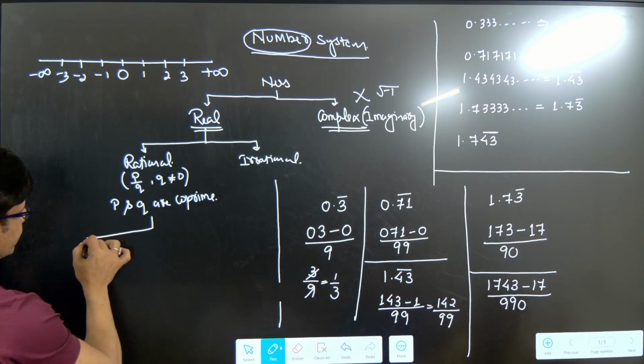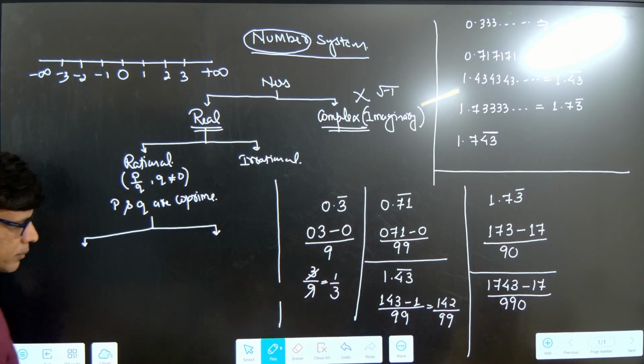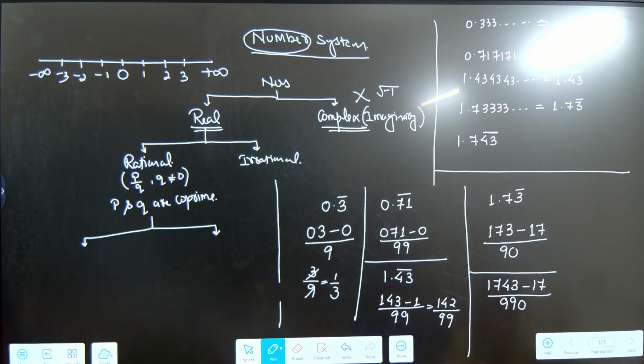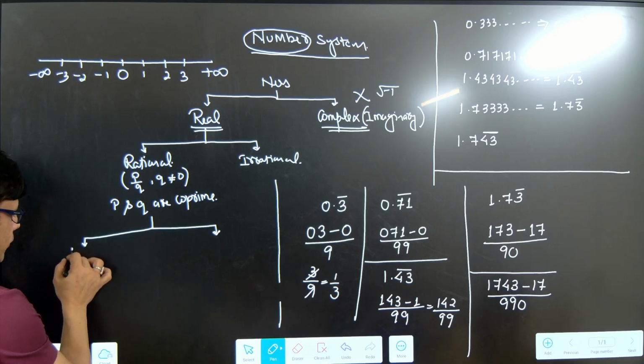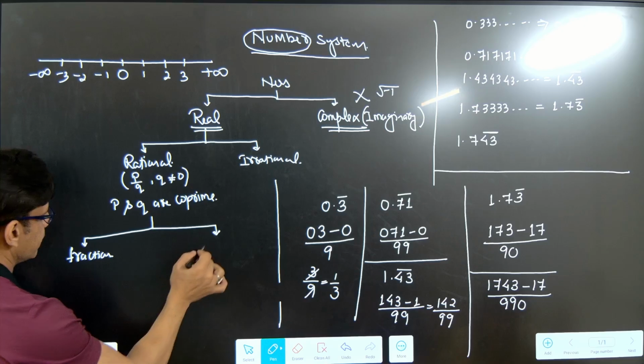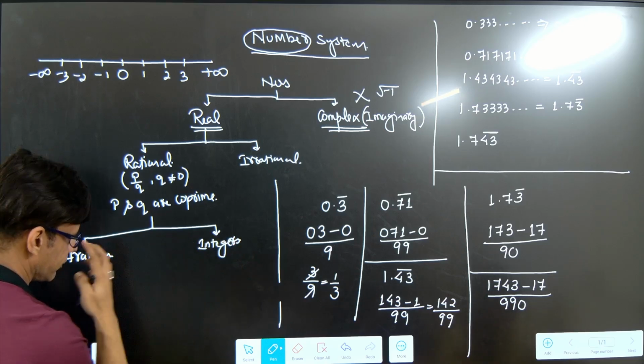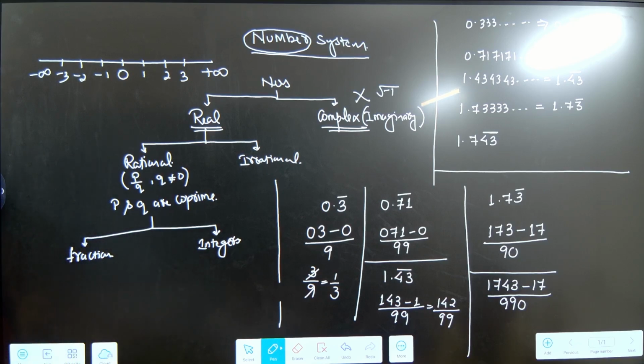Rational numbers are further divided into 2 types. Call them fractions. So what are fractions?